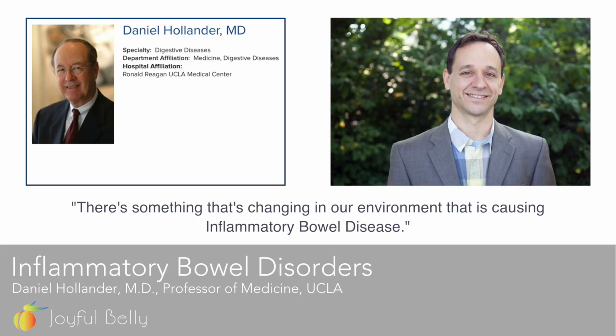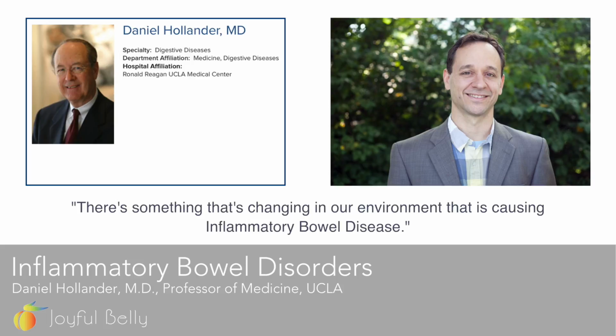One possible factor is hereditary factors or genetics. We know that if we study identical twins, meaning that they have the same DNA when they're born, the concordance, that is the percentage of one twin having the disease and the other one having the disease, is somewhere between 20 and 50%, depending on which study you look at.